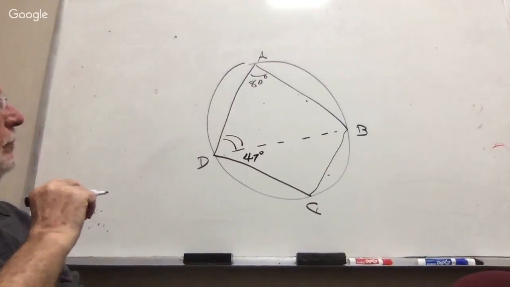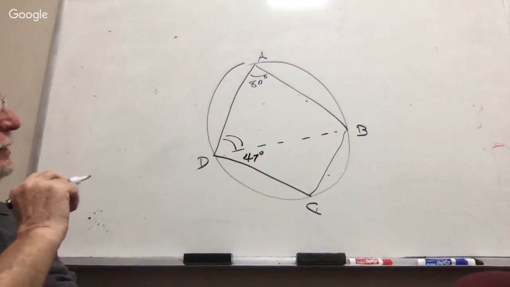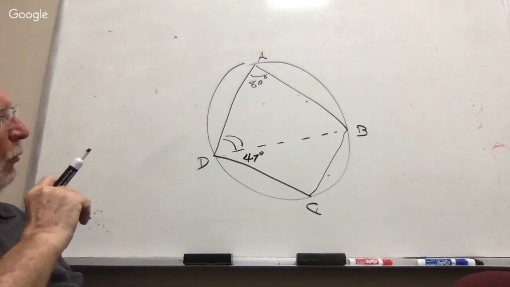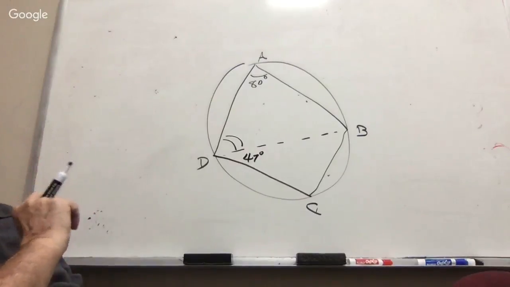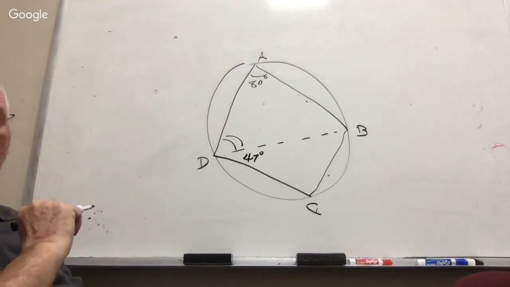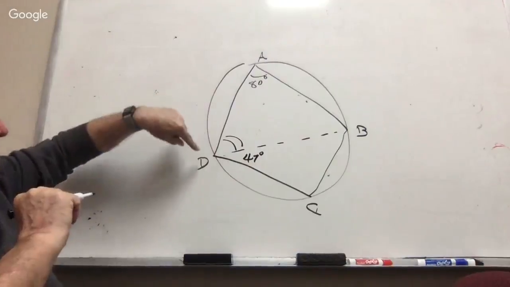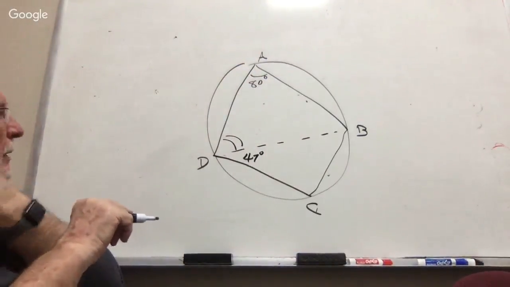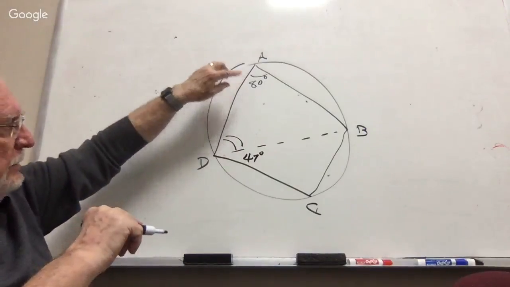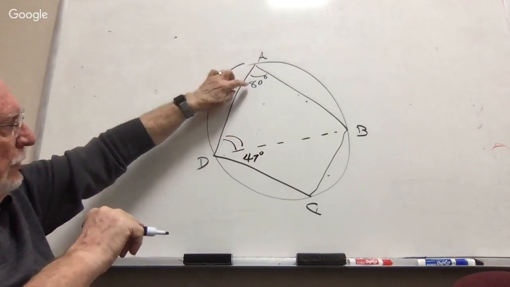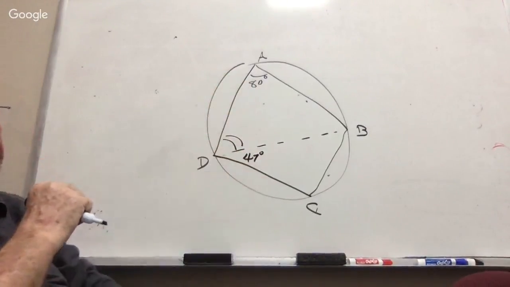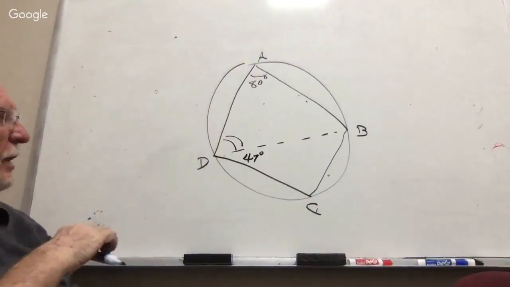Now, this uses a theorem of circles where you look at an inscribed angle in a circle. So DAB is an inscribed angle, right? Okay, so the theorem says that the measure of an inscribed angle is 1/2 the measure of the arc that it cuts off.